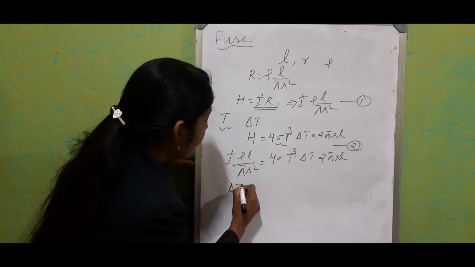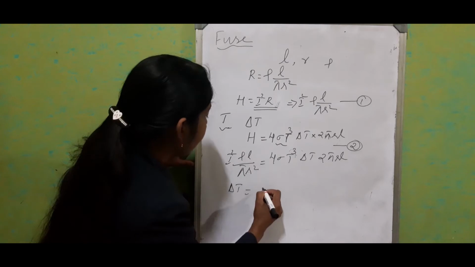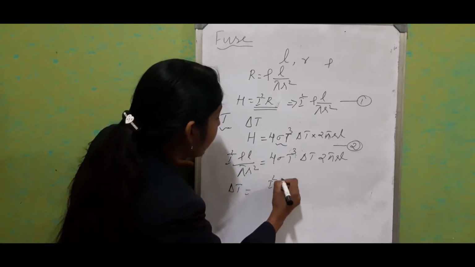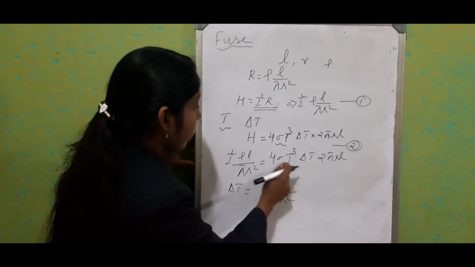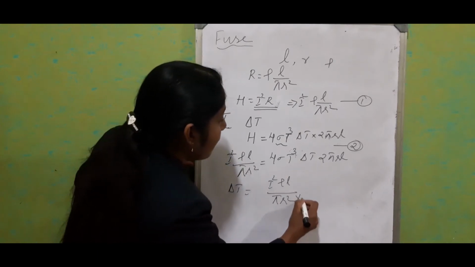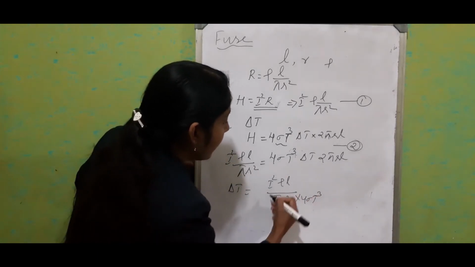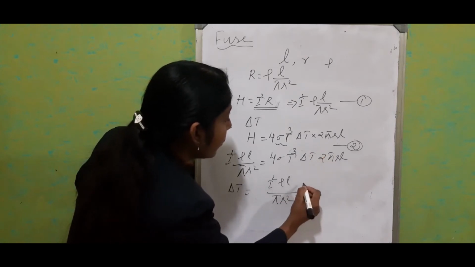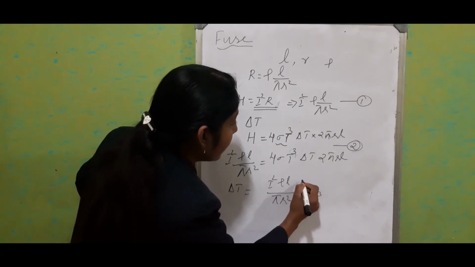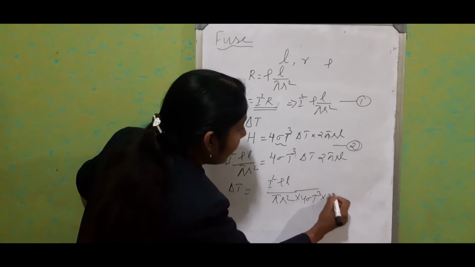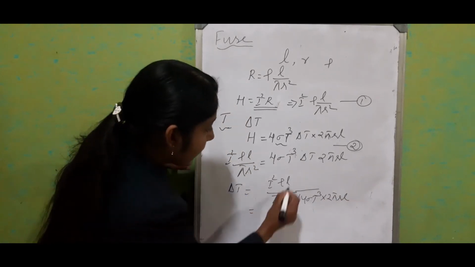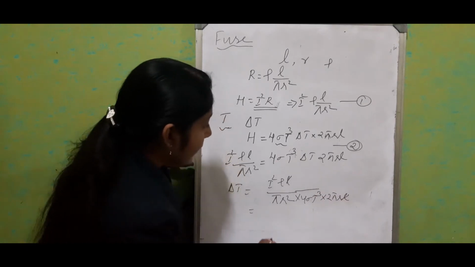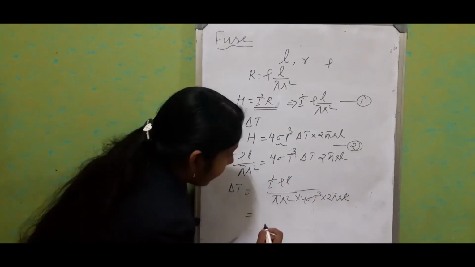So delta T is equal to I square rho L divided by pi r square, then 4 sigma T cube should come down, then 2 pi r L. Here L and L can be cancelled.